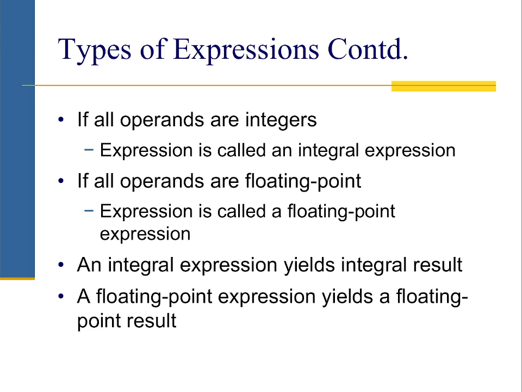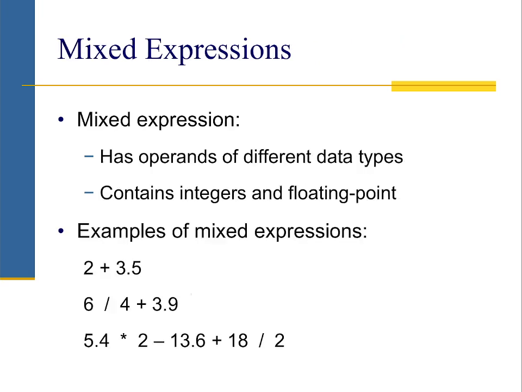Also, if all the operands are floating point values, then the expression is called a floating point expression. And basically, an integral expression will yield an integral result, and a floating point expression will yield a floating point result.